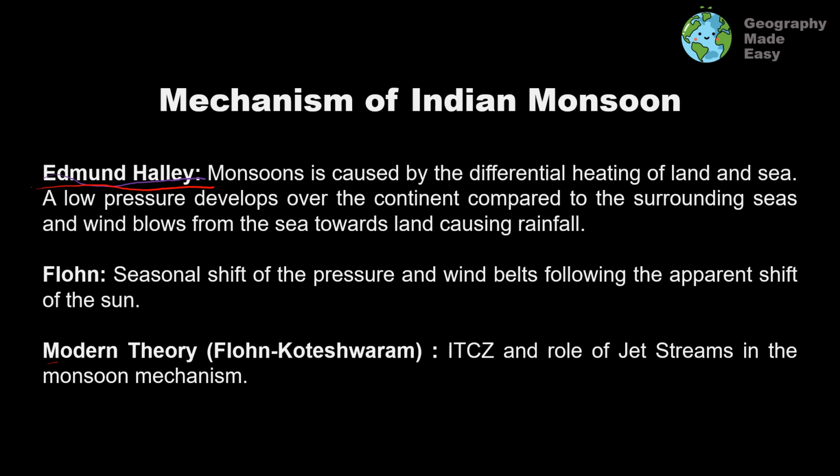However, the modern theory given by Flohn and Koteswaram takes into account all of that which has been discussed previously, that is, the differential heating of land and sea is considered important. Along with that, the seasonal shift of the ITCZ, or intertropical convergence zone, is also considered important, and additionally the role of jet streams has been acknowledged in the monsoon mechanism.